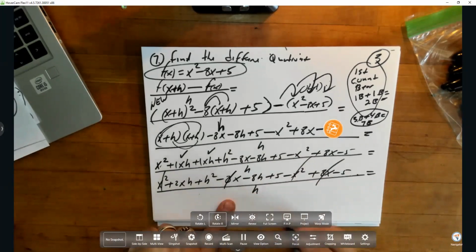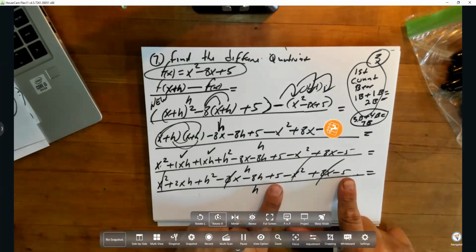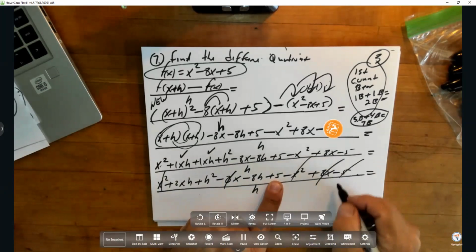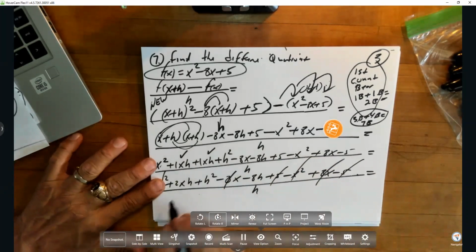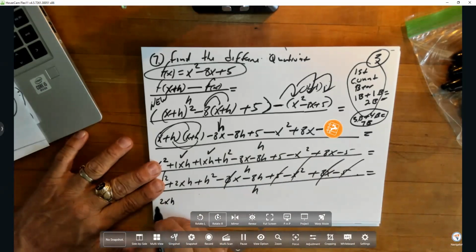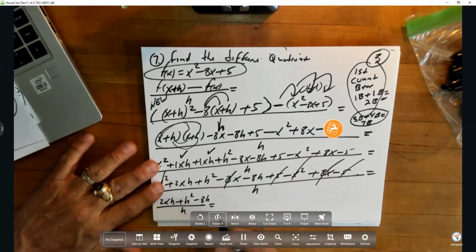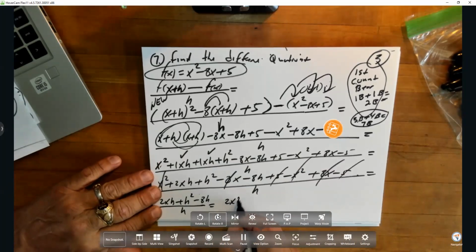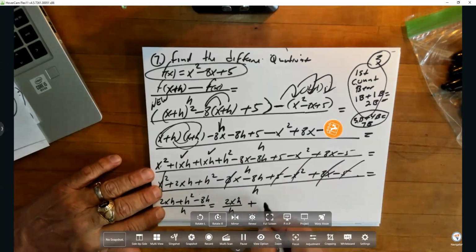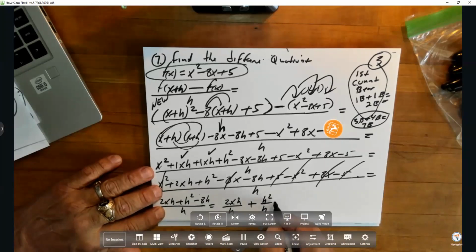And you think a positive 5 and a negative 5 will cancel each other out? Yes. The leftovers are 2xh plus h squared minus 8h over h. And I'm going to break it into a bunch of little fractions. This one over h, and this one over h, and this one over h.